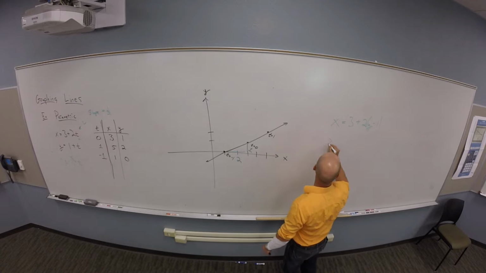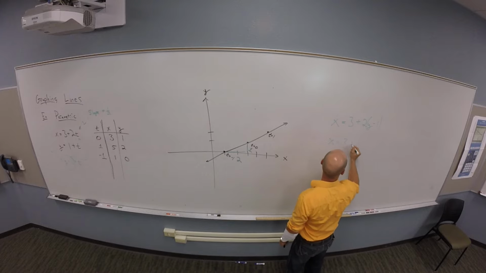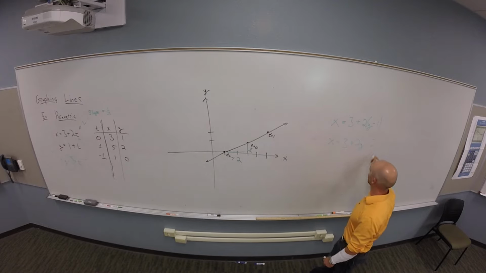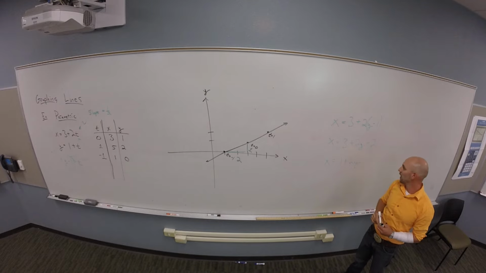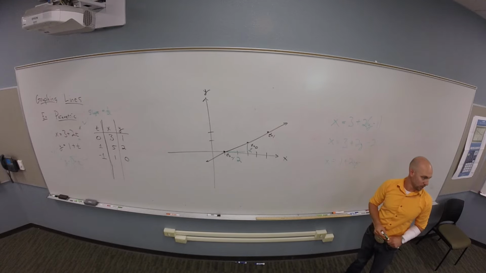So that gets me x is 3 plus 2y minus 2 gives me x is 1 plus 2y. And then if we wanted to solve for y, right, that would give us our usual equation here. Cool? Questions, concerns, things?